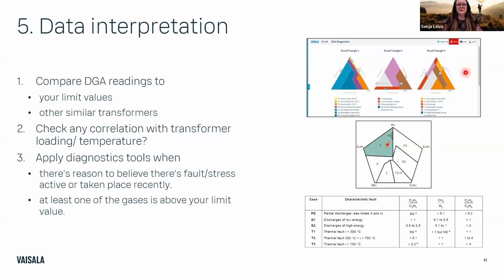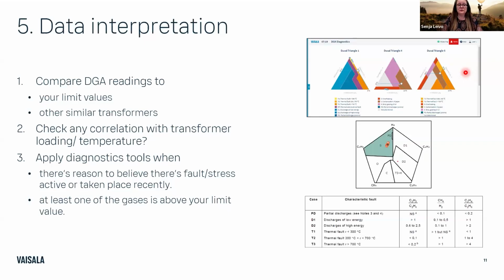But if you want to do it manually, first of all, compare your DGA readings to your limit values, how close you are, is there an increasing trend. You can compare the results to similar transformers, like in my example earlier.